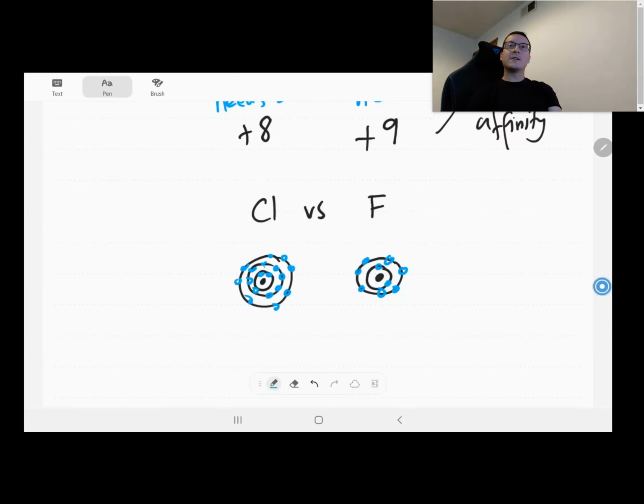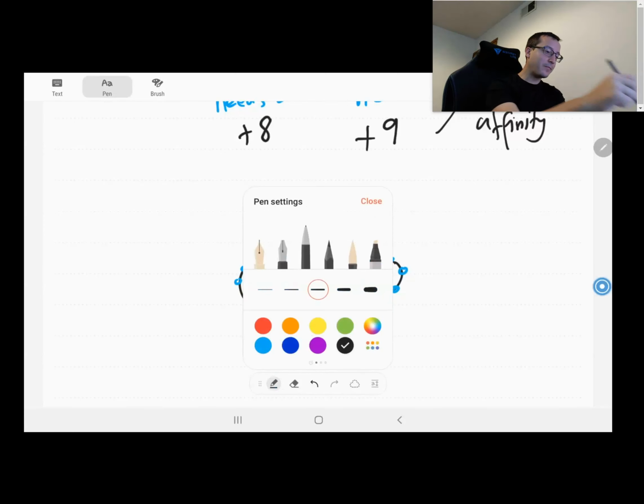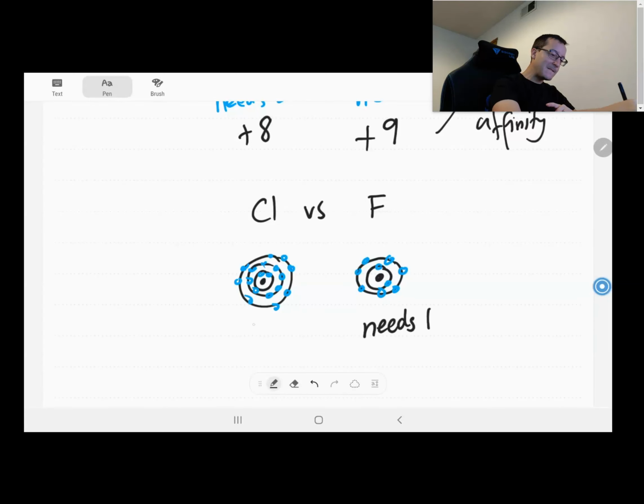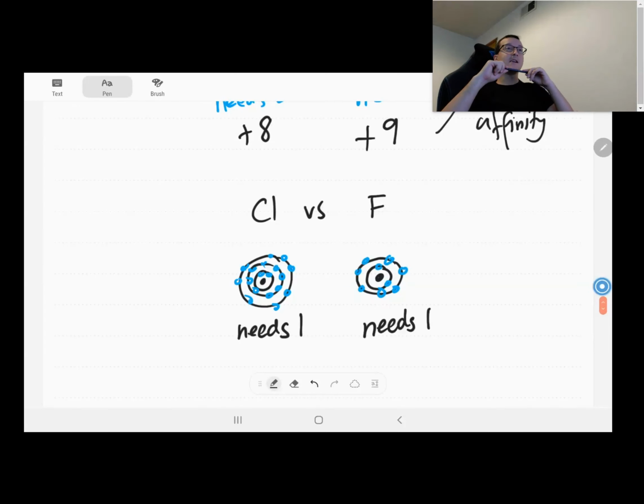Cool. Yes, Tiffany, you are going to be right, but let's see why. You are the electron. We both need one this time. So you're both just so close to getting to that magic number of 8.